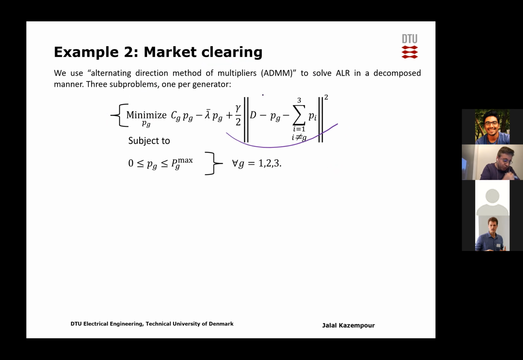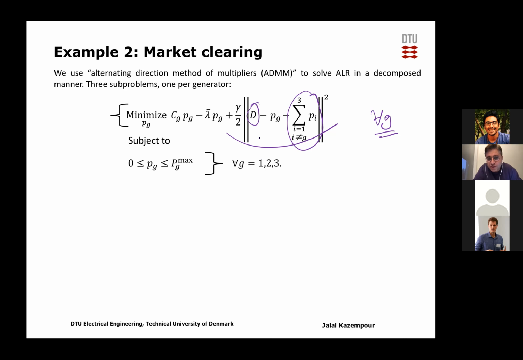So to be able to solve this problem, the generator G needs to know the demand and the production of other generators. Mathematically, it's correct, right?